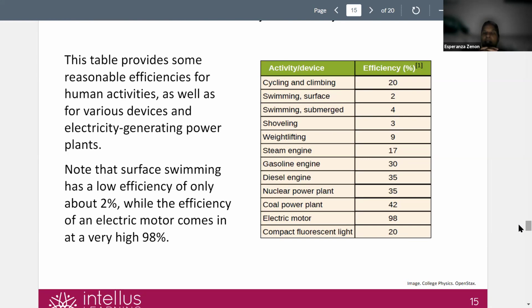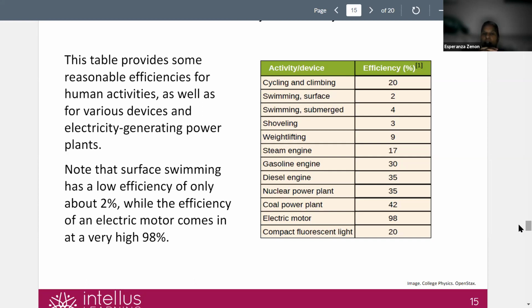If you see Olympic swimmers swimming backstroke or breaststroke in the swimming pool, 2% efficient. It's a little bit better underwater, not much better.